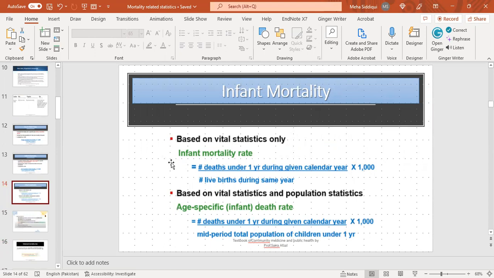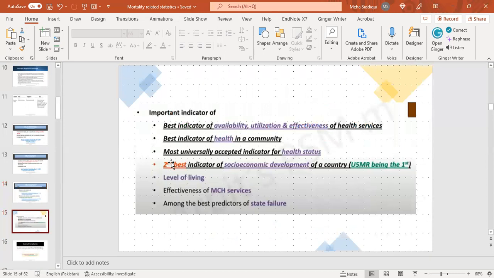And if you base it on vital statistics and population statistics, then we have age-specific death rate. That is the number of deaths under 1 year during a given calendar year over the mid-period total population of children under 1 year multiplied by 1,000. It is the best indicator of availability, utilization, and effectiveness of health services. It is the best indicator of health in the community.